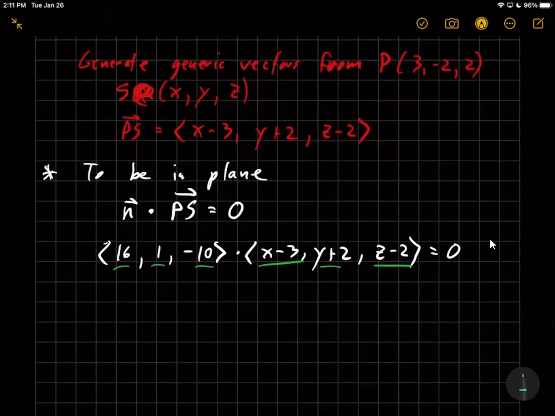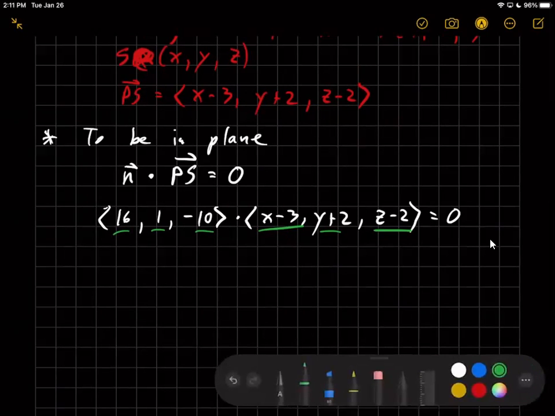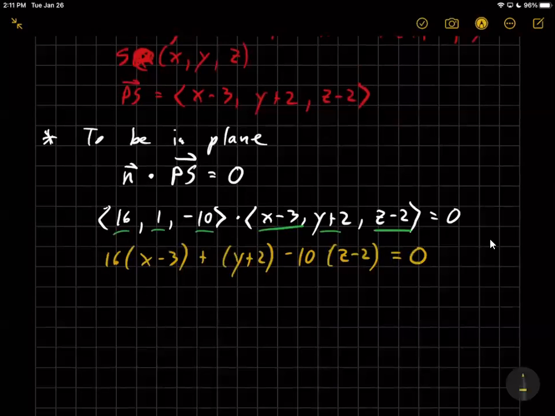There would be 9 products in general, as we talked about in class, but 6 of them would give me zeros because only the ii, jj, and kk terms give non-zero values. So I will get 16 times (x minus 3) plus 1 times (y plus 2) minus 10 times (z minus 2), and that has to equal 0.